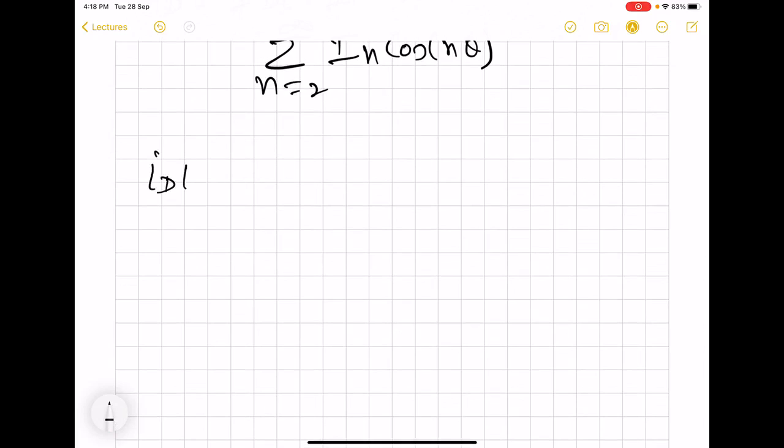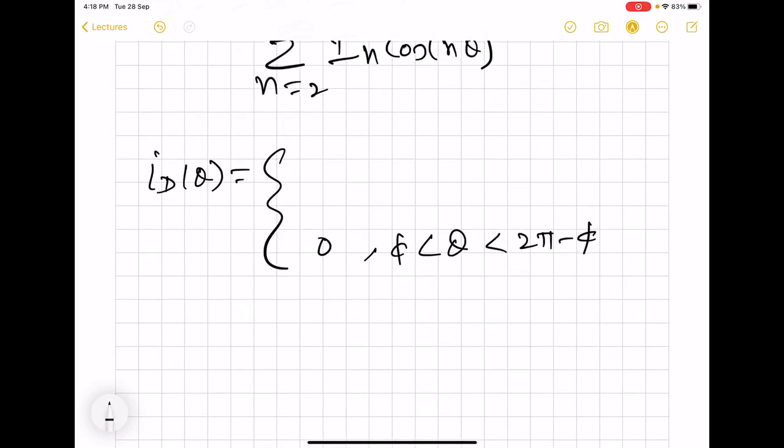So ID of theta, we know, is 0 for theta between phi and 2 pi minus phi, and it is a cosine, and we have assumed the peak to be IP cos theta. So this is the scenario between minus phi and phi.